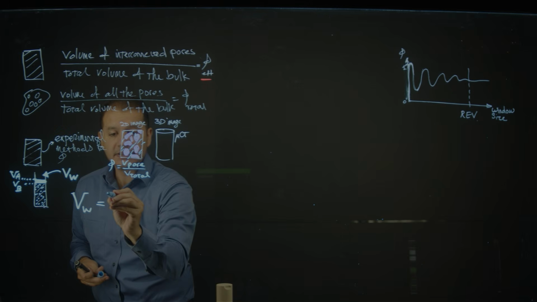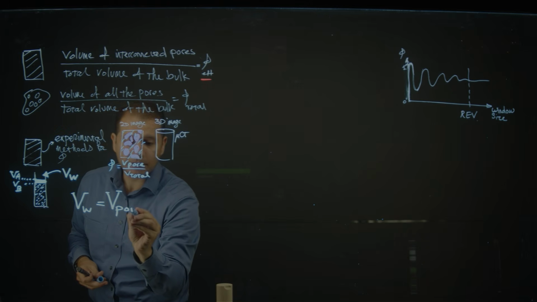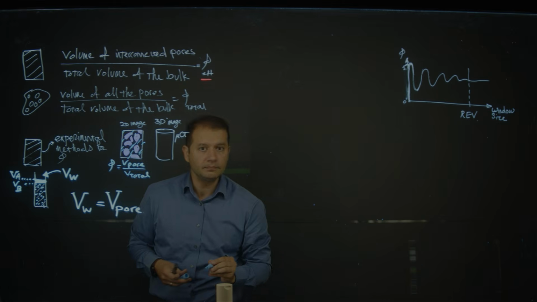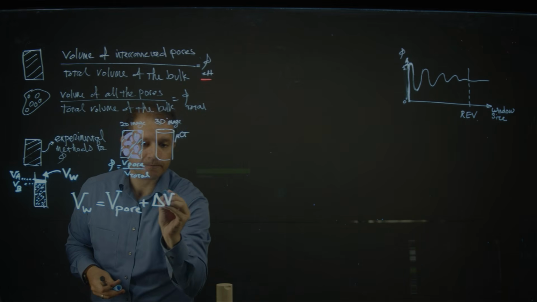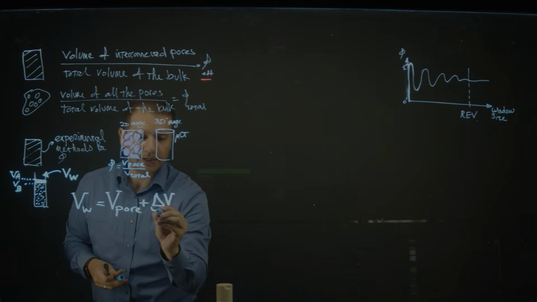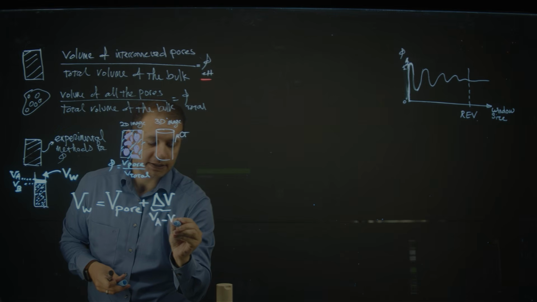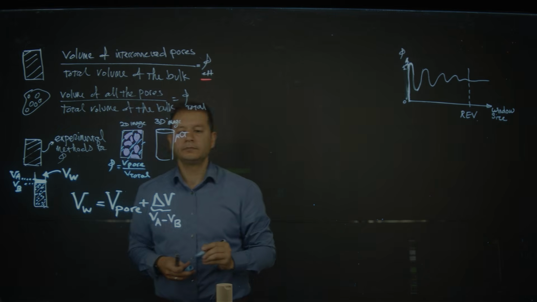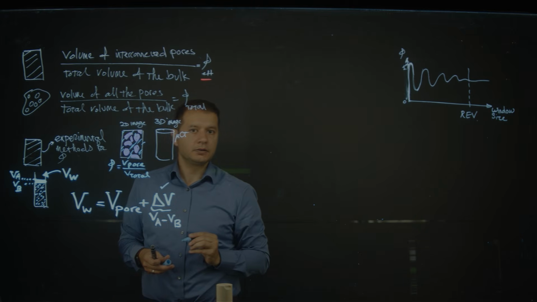It went inside my pore sample, so it filled up the pore volume, but it also gave me an extra volume, delta V. And that is exactly the volume at the gauge A minus the volume at gauge B bulk. And I can read this in my syringe.